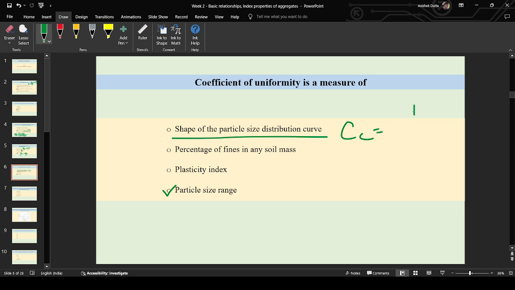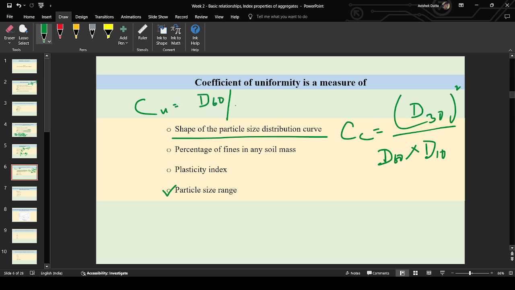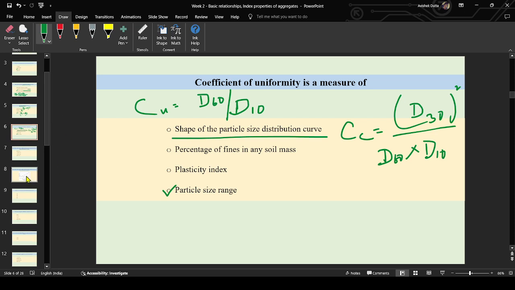The formula is D30 whole square divided by D60 into D10. And coefficient of uniformity is D60 divided by D10. D10 is the particle size such that 10% of particles are finer than this size, and D60 is the particle size such that 60% of particles are finer than this size. Anyway, this Cu determines the particle size range. Okay, next question.